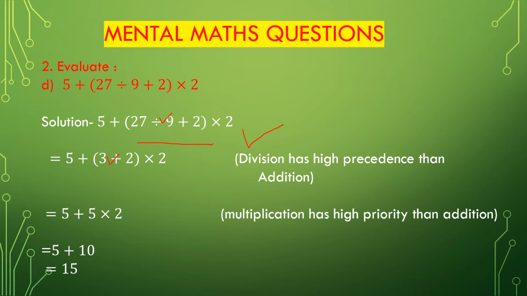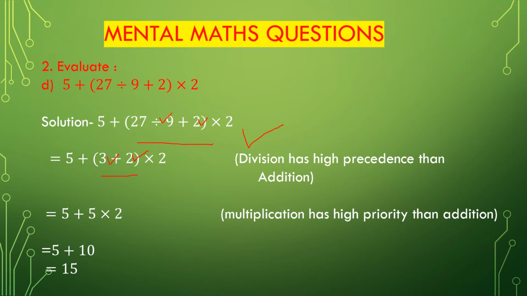Now add 3 with 2. 3 plus 2 is 5. Now multiply 5 with 2. 5 multiplied by 2 is 10.